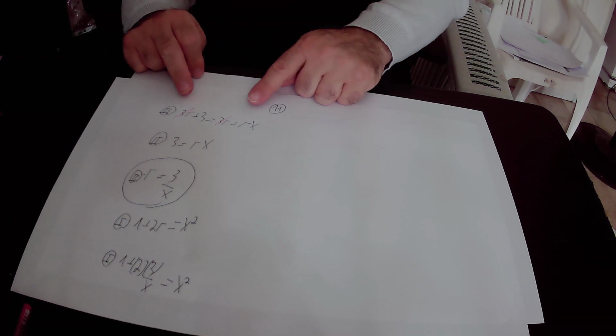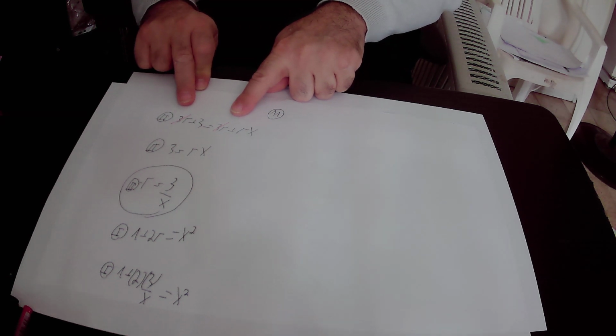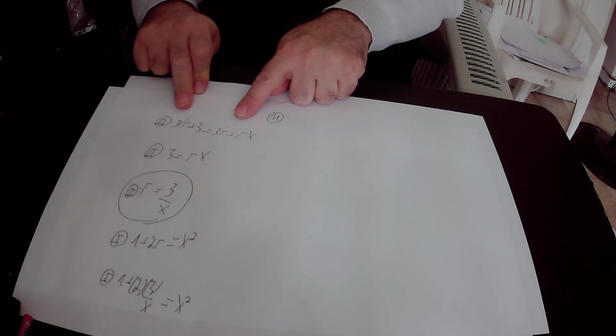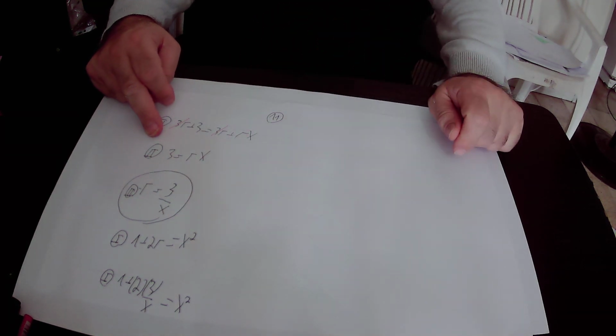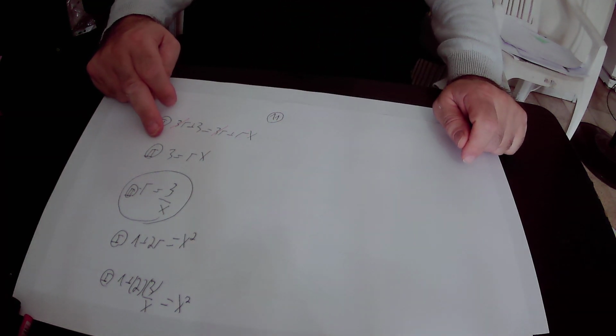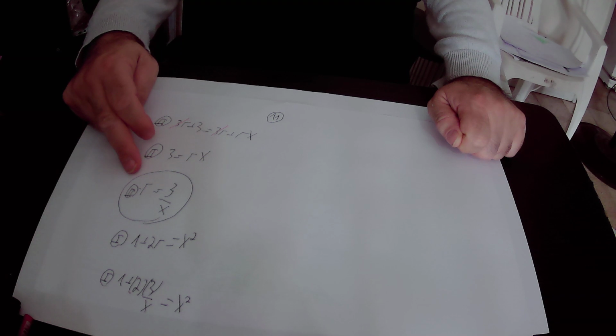Here we subtracted 3R from equation number 2, so 3R gets cancelled. What is left is 3 equals Rx. So we divided this equation by x, and we got that R equals 3 over x.